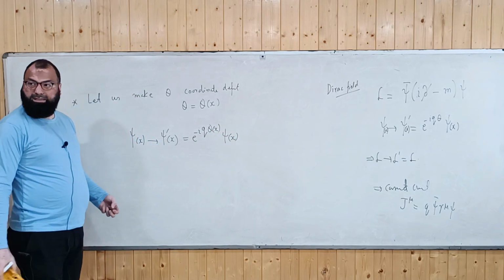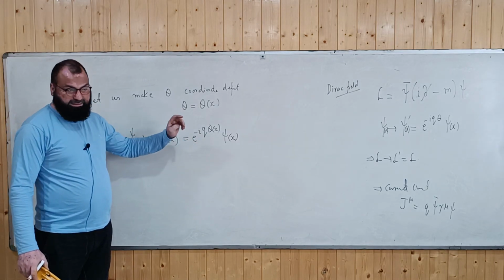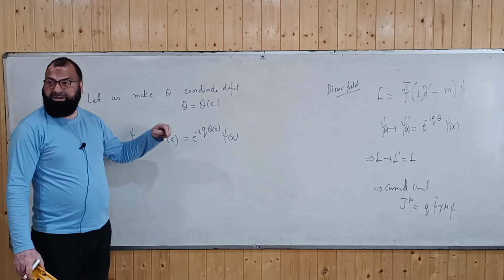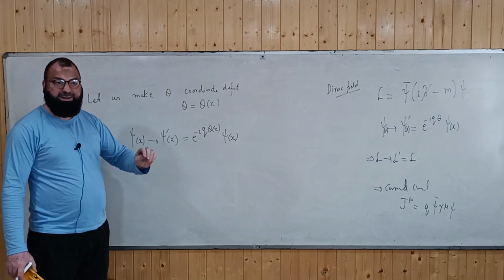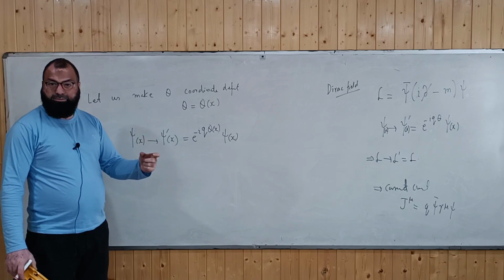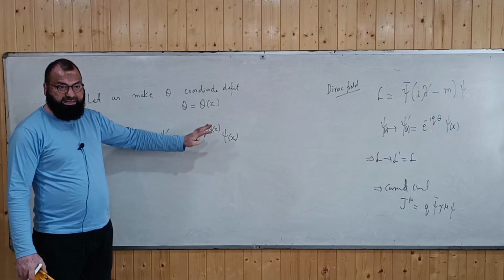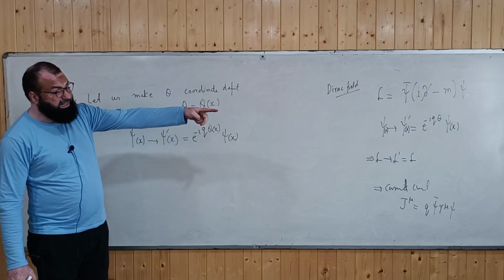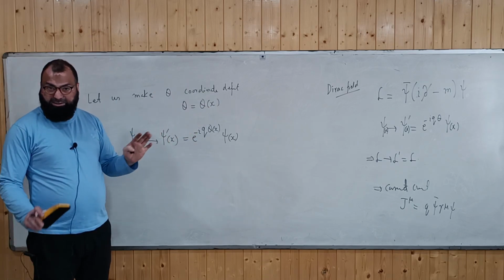Now look here. Since this depends on the coordinate, it means what? It's a local transformation, because it will depend upon the coordinate for a given point. For each different point, this theta will be different. Clear? Because it has a coordinate dependence. Previously, it was the same for all points in your space-time.